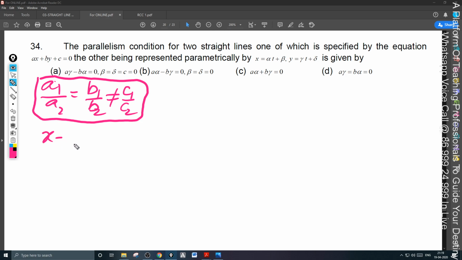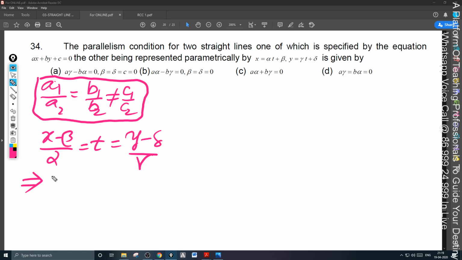x minus beta by alpha is equal to t. And here also y minus delta by gamma is also t. Now you have to eliminate t because t is the parameter there. How to eliminate t?